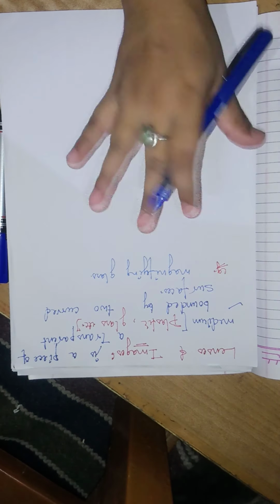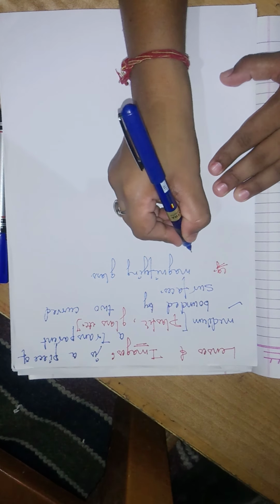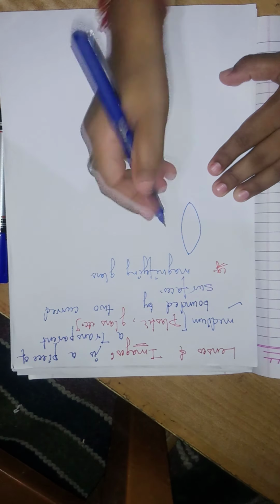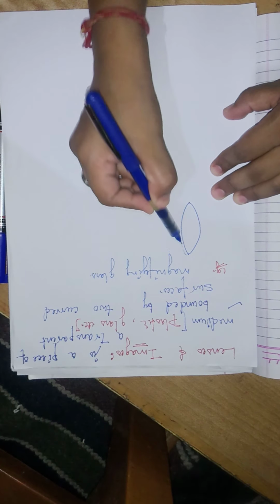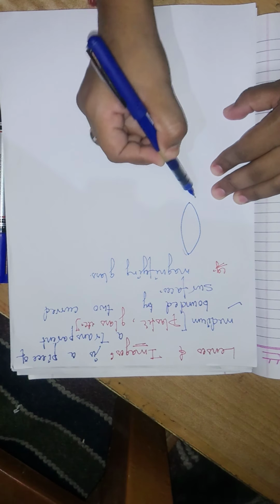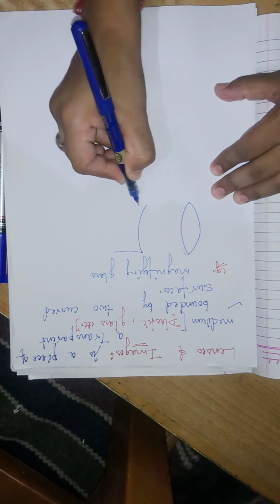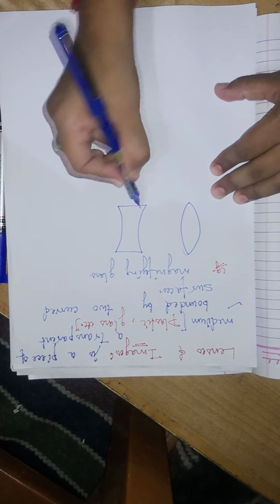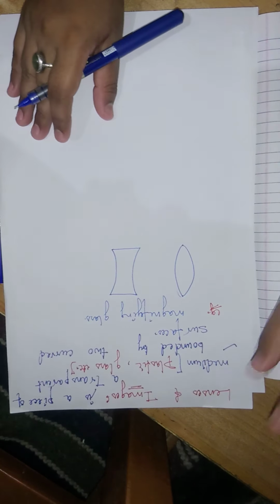So how do these lenses look? Let me first draw the diagram and I'll explain both. It looks like this. See, we have these two curved surfaces, and a lens also looks like this. Again we have two curved surfaces. These lenses are of two types.